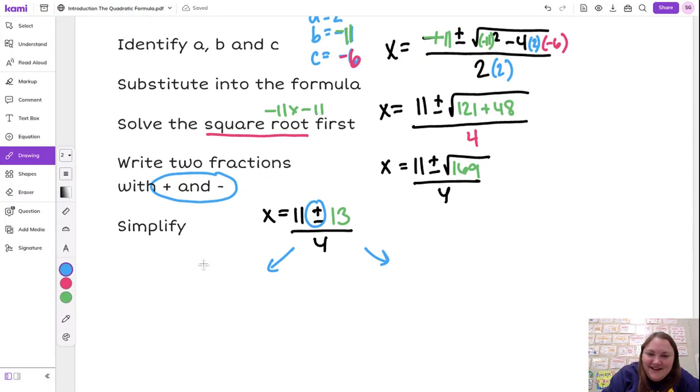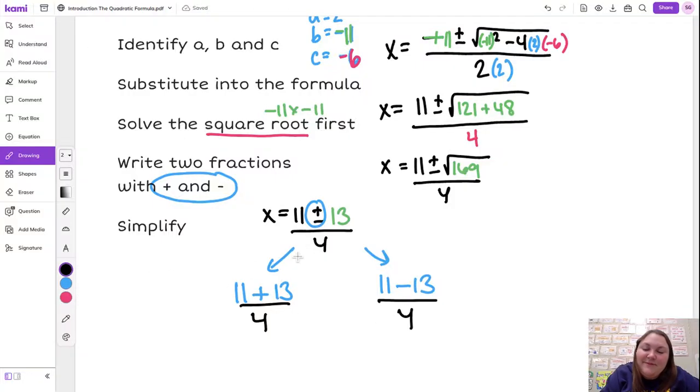I write 11 plus 13 divided by 4, and I write 11 minus 13 divided by 4. So the plus or minus sign gives you 2 answers. And again, just write one with plus, one with minus.